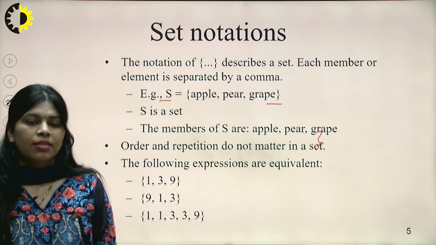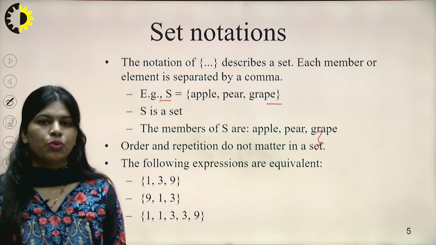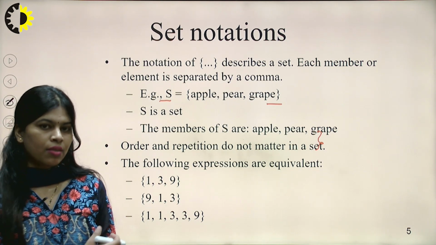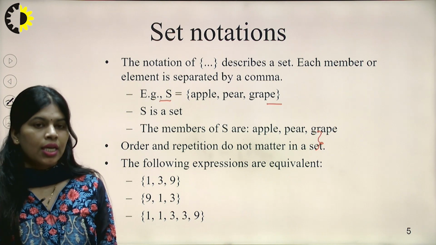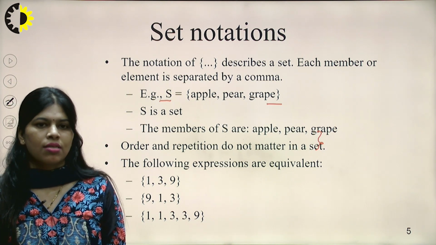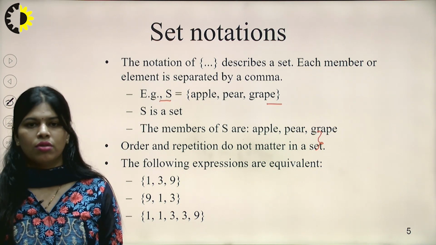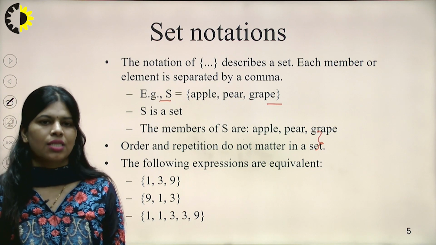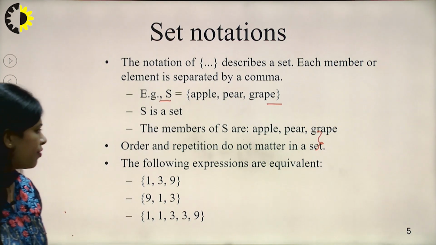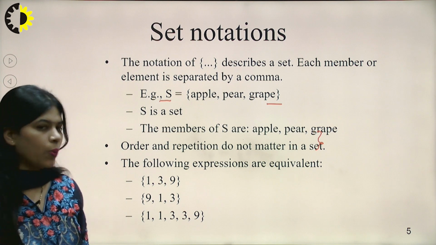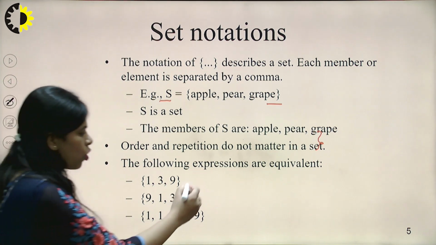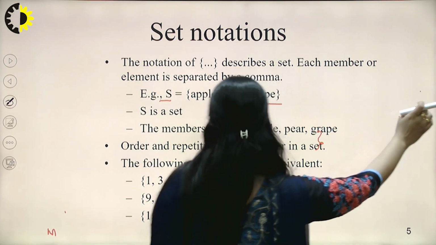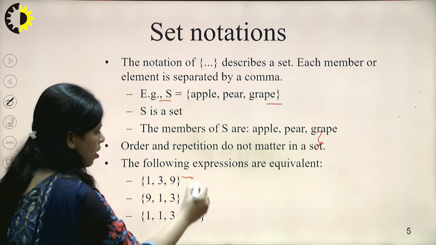Second point is that order and repetition do not matter in a set, as I have already told you. Order and repetition means the same element does not repeat in a set, we can't repeat the same element in a single set. Now the third point is that the following expressions are equivalent, which is called unordered.